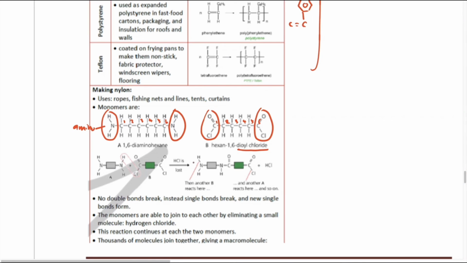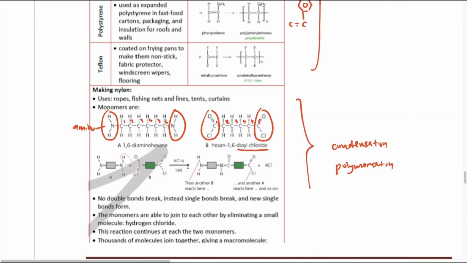As you can see here, the amino takes H, the acyl chloride removes Cl, and HCl is removed. HCl is lost. So that's why this is condensation polymerization.